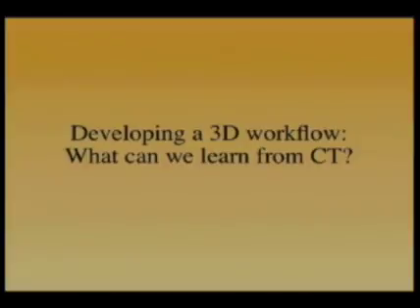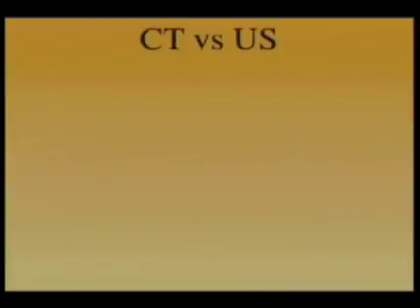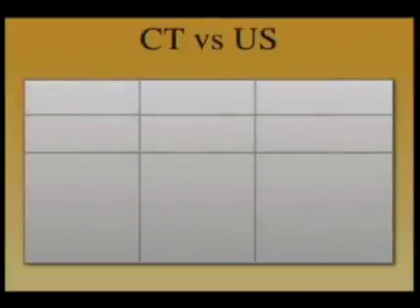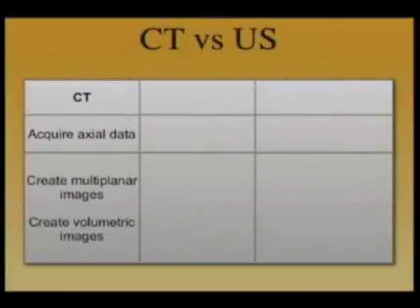The challenge in developing a 3D workflow is great, and one place to start is to decide what we can learn from CT. In CT, we always begin by acquiring the axial data, creating multiplanar and volumetric images, and then taking those images and sending them to the radiologist for review and interpretation.